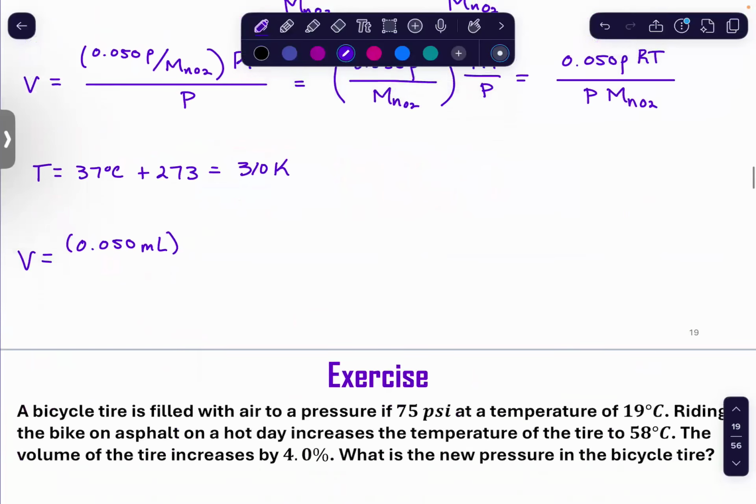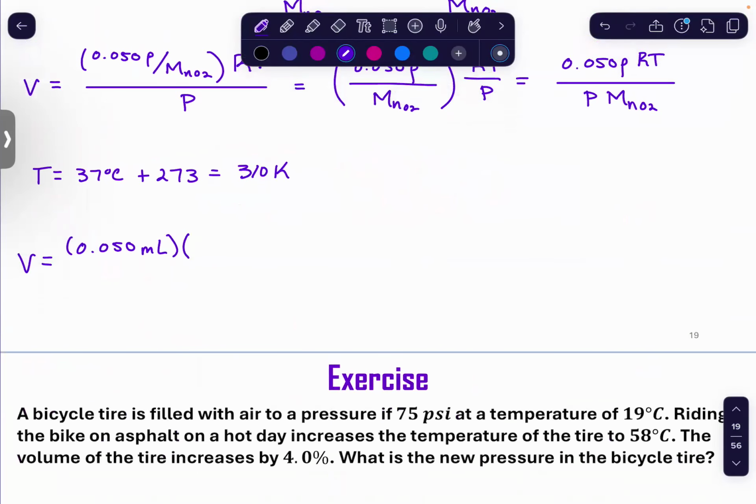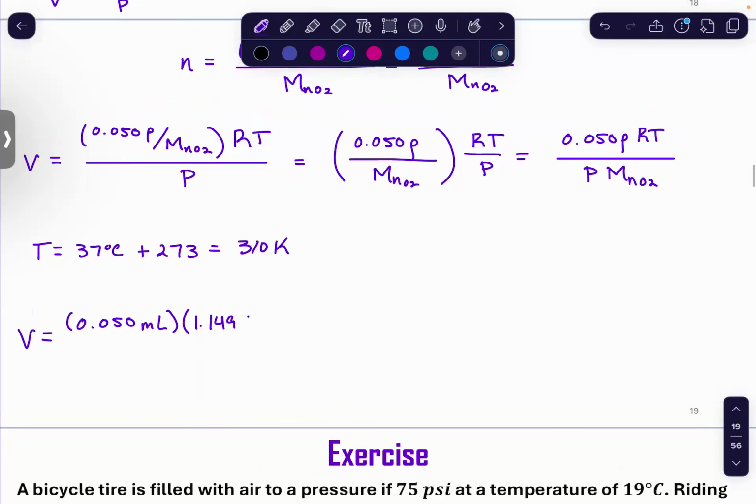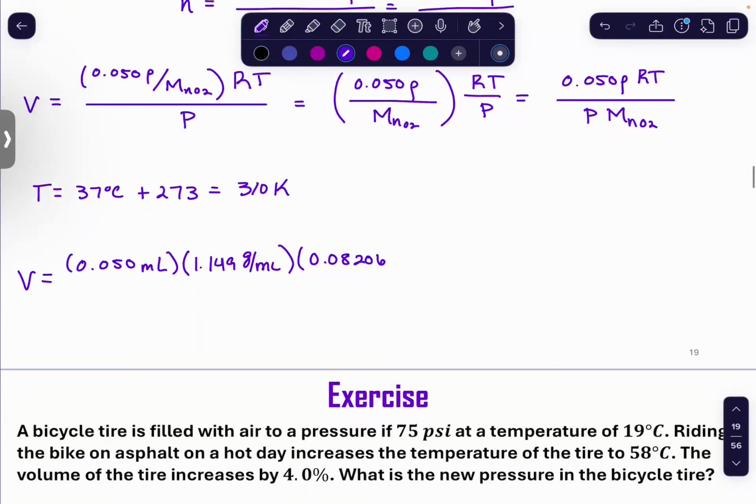Yep. So then we have 1.149 grams per milliliter, 0.08206 liters atmospheres over moles Kelvin.